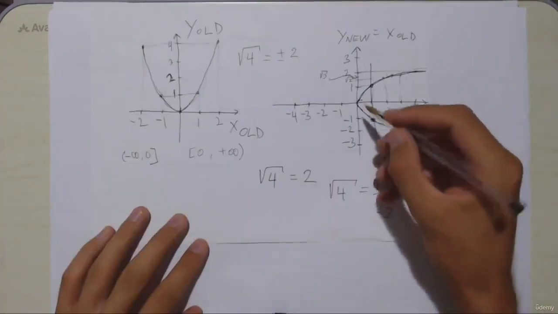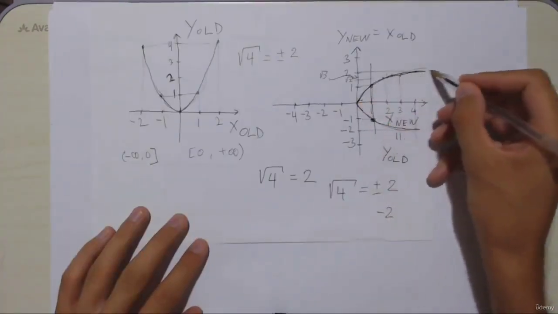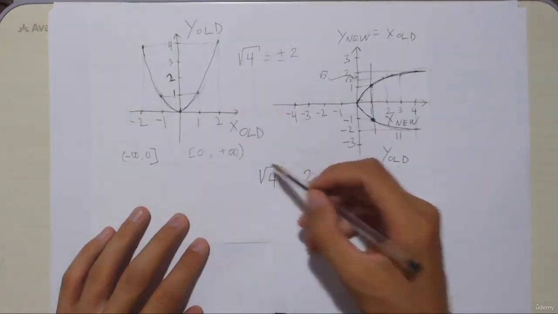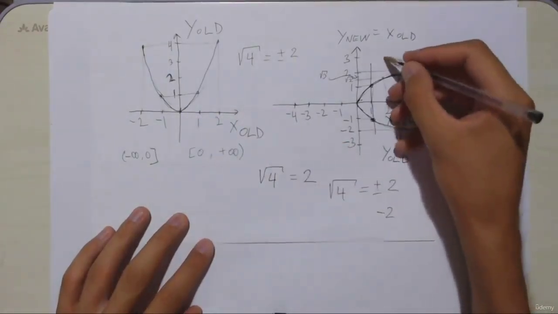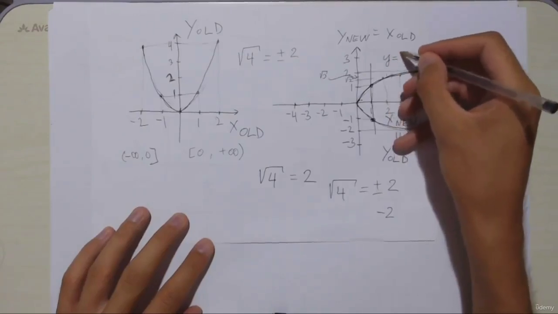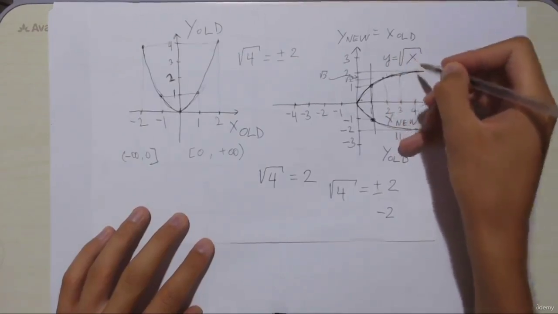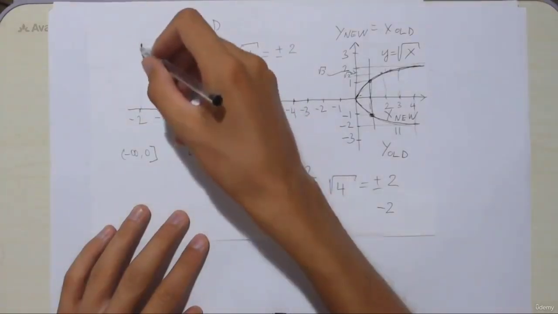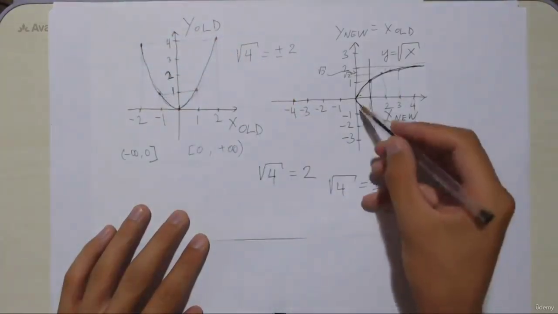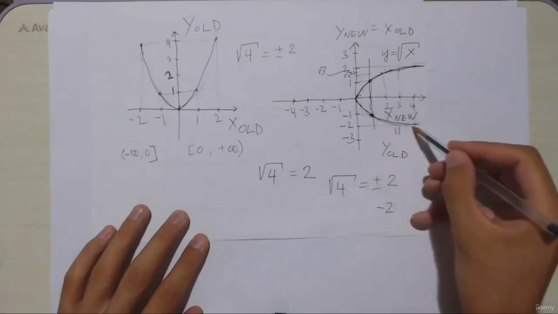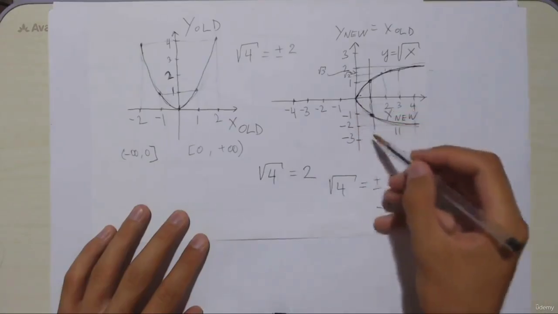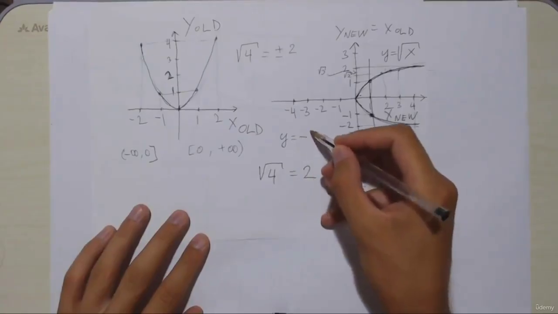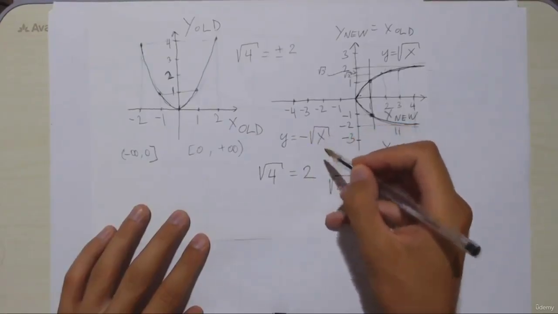So if you choose the upper function here, so you choose the domain from 0 to plus infinity, then your general function would be y equals square root of x. However, if you choose the other domain from minus infinity to 0, and then your inverse function would be this line here, then your function would be y equals minus square root of x.